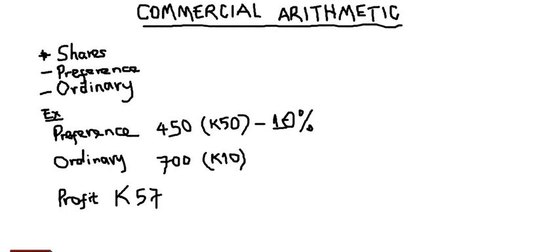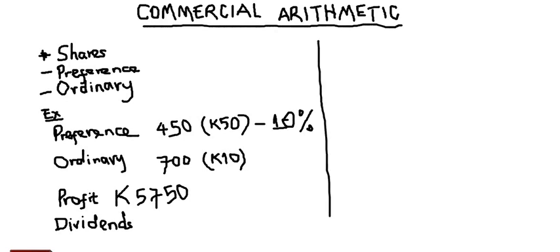5,750. So this is the profit that is going to be paid out as dividends to the 1,150 shareholders. But how are these dividends going to be paid out? All right. So to begin with, we look at the total contribution by the preference shareholders.